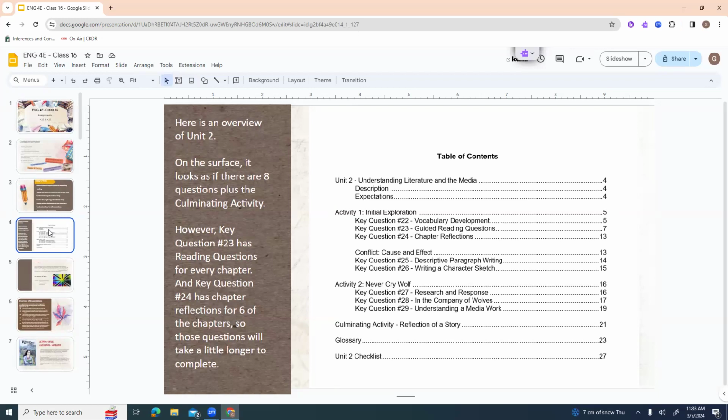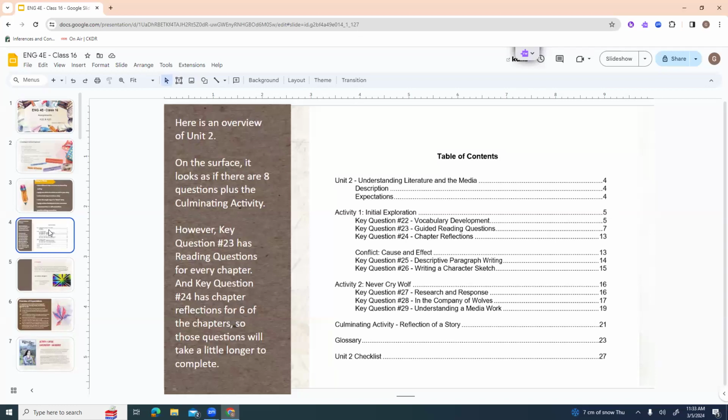So it opens up with a description and the expectations that we are meeting from the Ontario curriculum. And then we've got activity 1, which is talking about vocabulary development, guided reading questions, and then chapter reflections. And those you may end up working on throughout the unit because there's quite a bit of that. Then we're looking at conflict, cause and effect, descriptive paragraph writing, writing a character sketch.